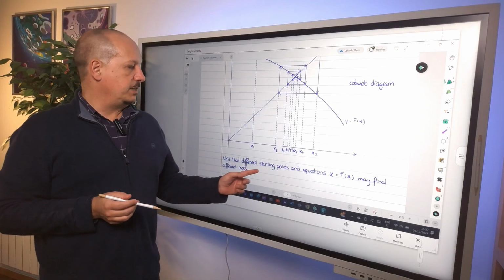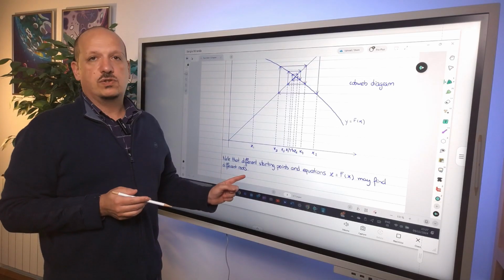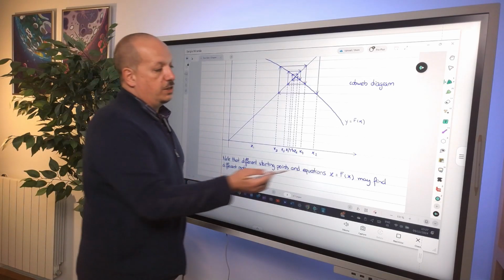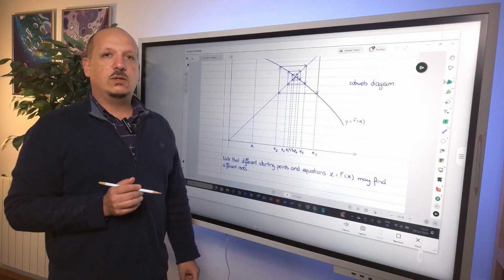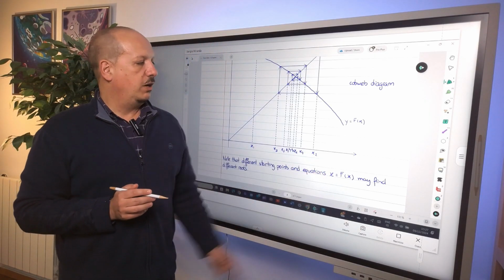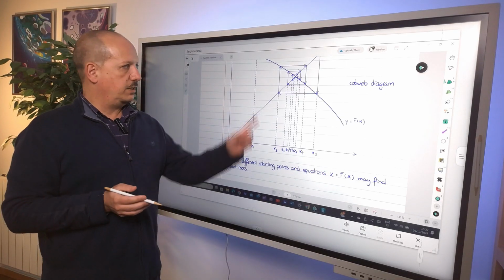Note that different starting points and equations may find different roots. In most situations, you are going to be given the equation that you start with, so you don't have to worry about trying to figure out the right one that would yield you the result that you want.